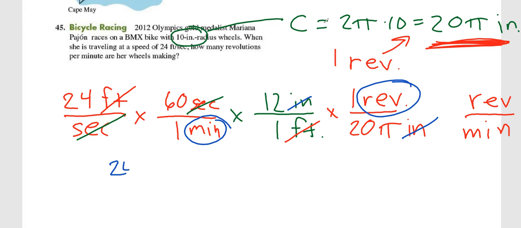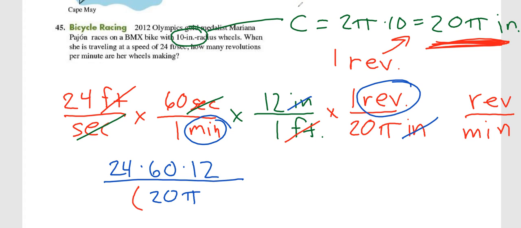So yes, you have to multiply 24 times 60 times 12 over 20 pi. I do suggest that if you want to get this correct and you're typing a bunch of stuff, that you use parentheses around that denominator, or it will end up being wrong. So that's what I would do to finish off that question. Revolutions per minute.